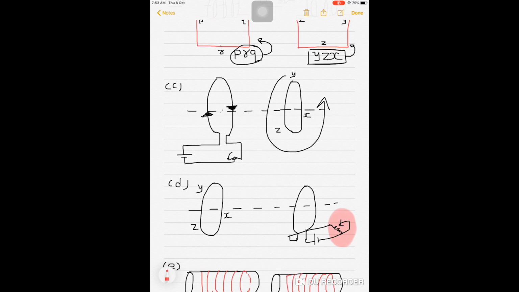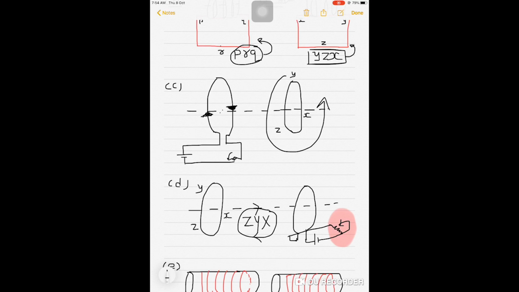By Lenz's law, the increase of flux should be opposed, and therefore the induced current should produce flux in the opposite direction of the original flux, and hence the induced current flows along the path ZYX. So our predicted current would be in the ZYX path like this.